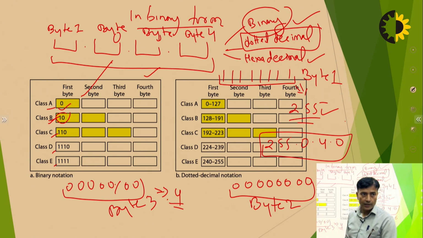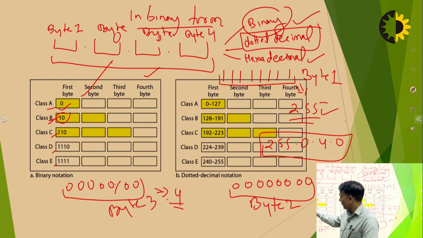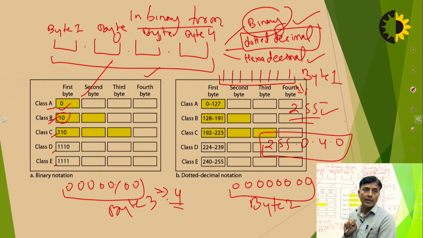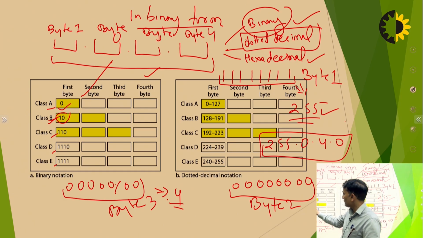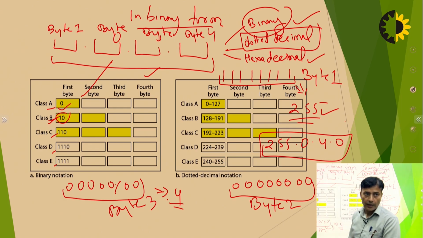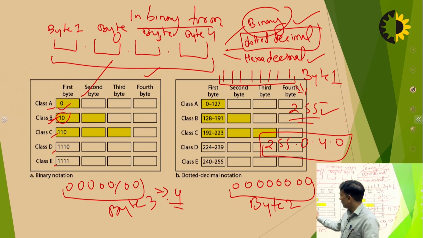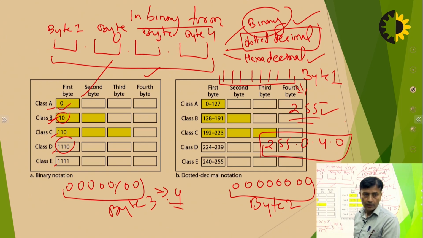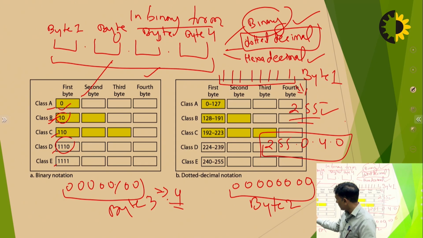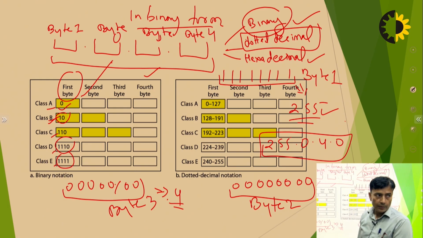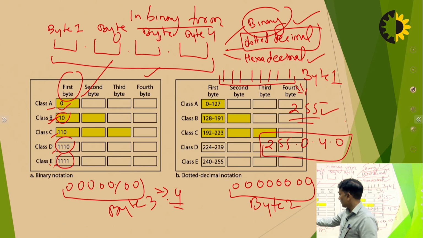What about class C? If the first 3 bits in the first byte are 110, that belongs to class C. Similarly, if the first 4 bits of the first byte are 1110, then that belongs to class D. Similarly, if the first 4 bits are 1111 in the first byte, we come to know that it belongs to class E address.